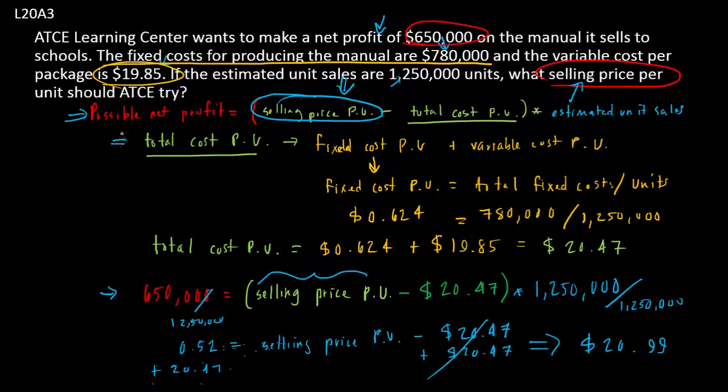In this case, that included total cost per unit. To find total cost per unit, we first had to find fixed cost per unit. Once we had that, we went back and calculated total cost per unit. We were then able to plug in total cost per unit, estimated unit sales, and possible net profit into the possible net profit equation, finally rearranging and isolating the variable selling price per unit to solve.